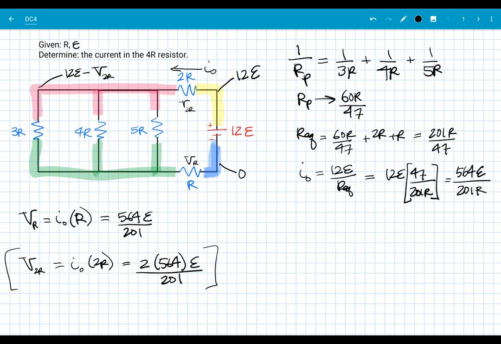And then if I'm interested in what this green is here, because I want the difference between red and green, the green is just going to be 0. Now, when I cross this resistor R, remember that current is flowing this way through this resistor. It's flowing from left to right.